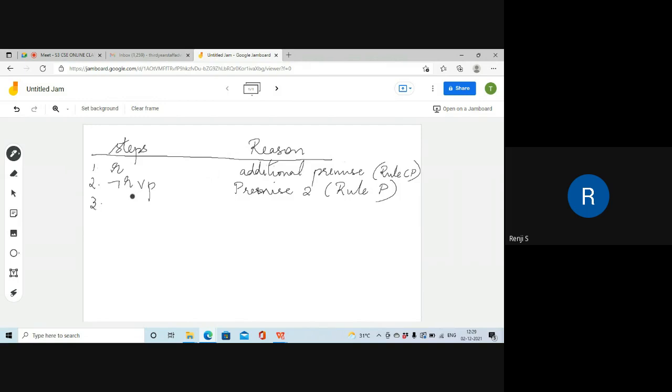Now, the third step. I'm going to derive something from these 2 steps. What can you derive from step 1 and 2? Which rule can be applied to step 1 and 2?